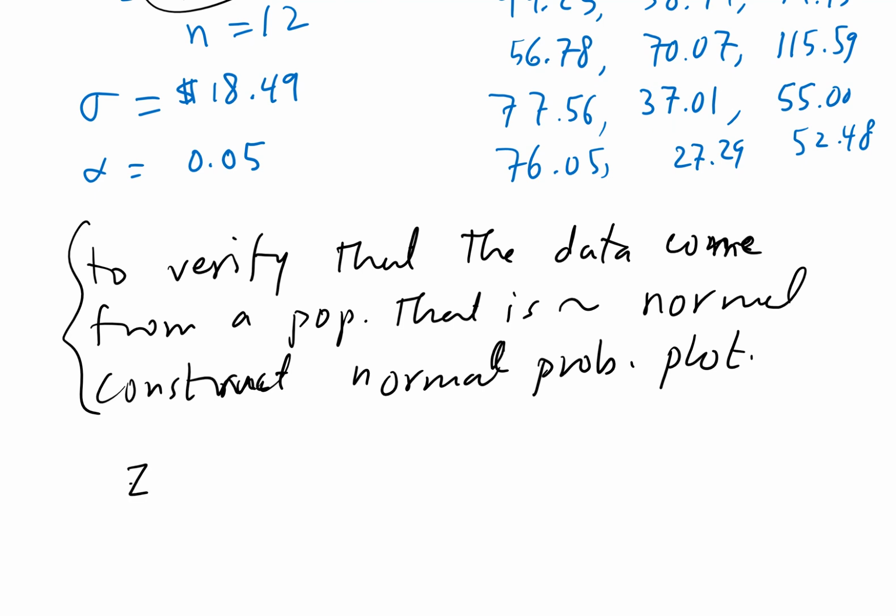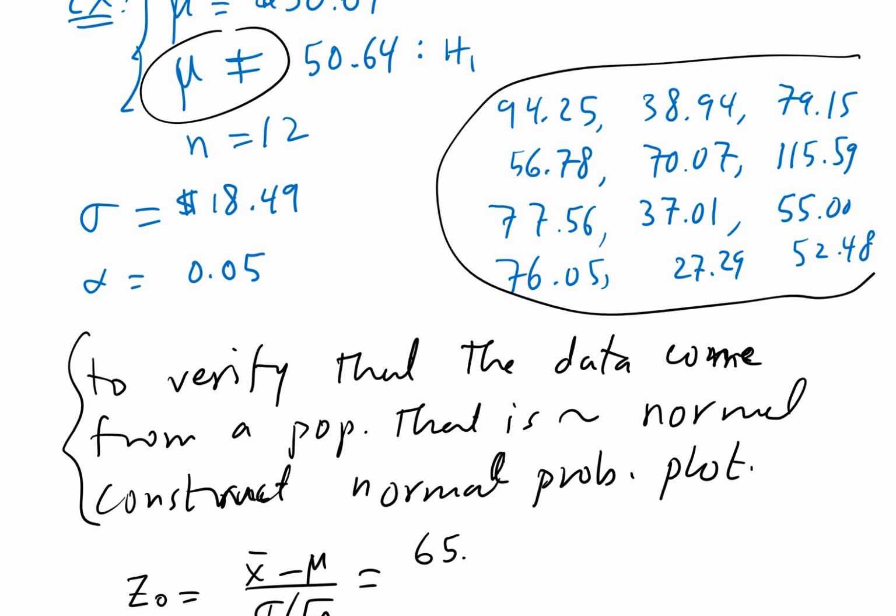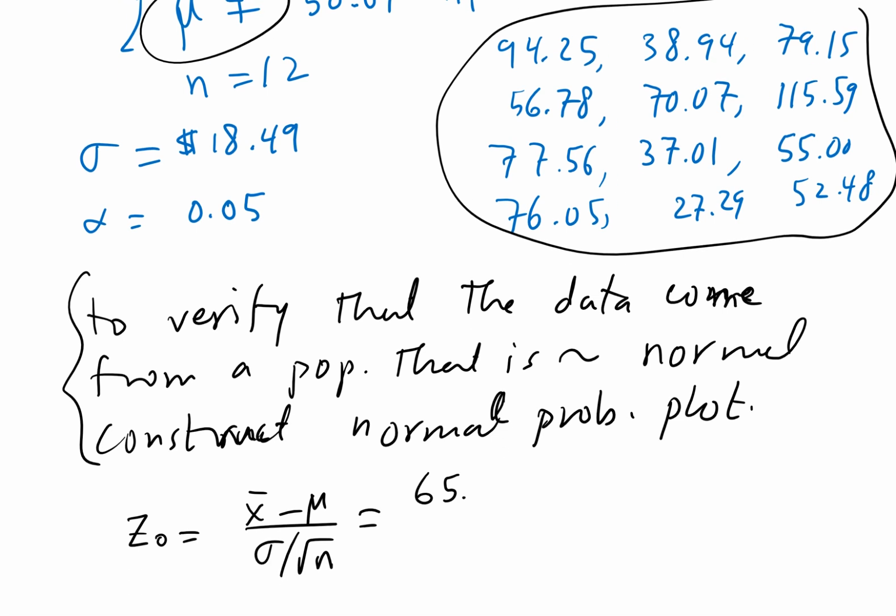So first thing we need to do is find z sub 0. It's x bar minus mu over the standard deviation over the square root of n. The mean was not given, but what we do is add all these up and divide by 12. Let's see what we get. 65.014 minus the mean, which is 50.64, over 18.49 divided by the square root of 12.